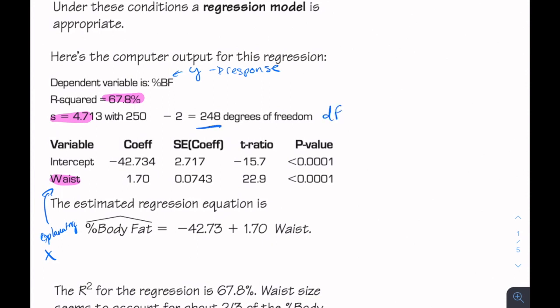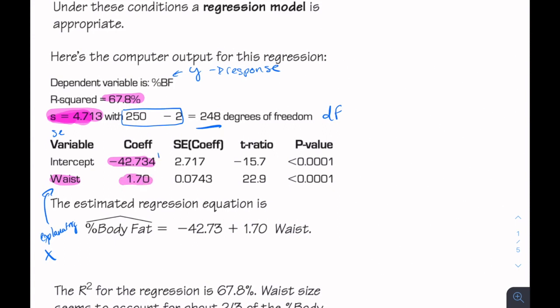We'll get to this in a second, because this is a little different than before: we have our sample size of 250 and we subtract 2. This number s, or s sub e, as we've seen before, will come into play later on. We also get our y-intercept of negative 42.73, and we get our slope.